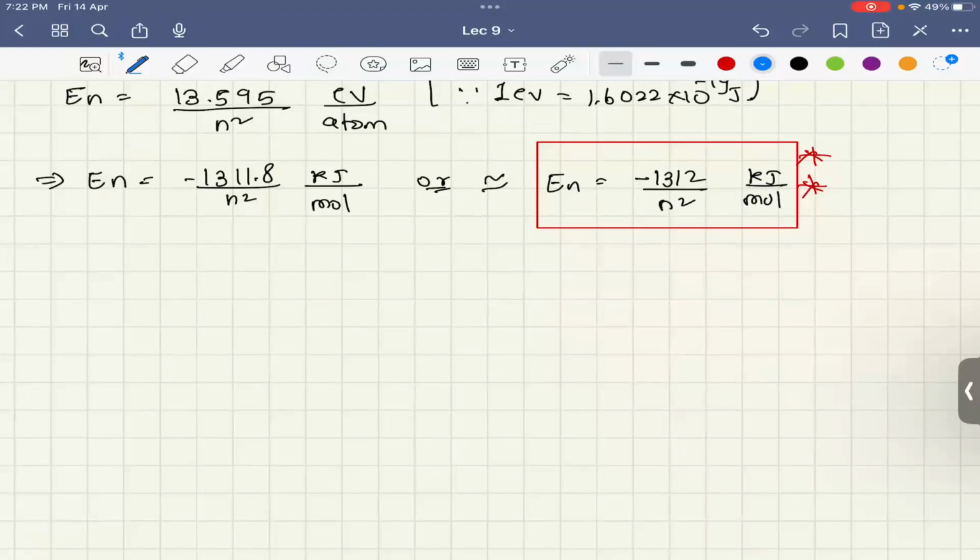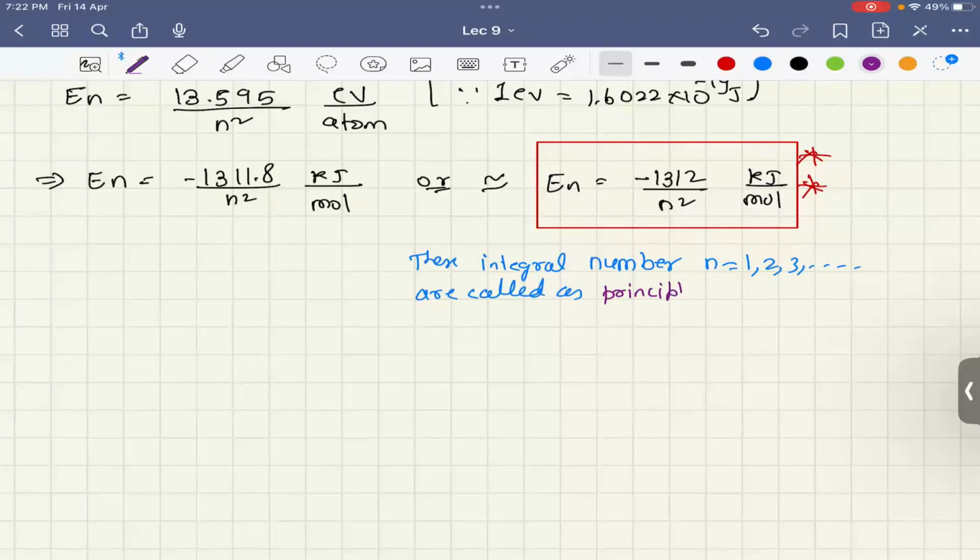So these integral numbers n equal to 1, 2, 3, and so on are called principal quantum numbers.